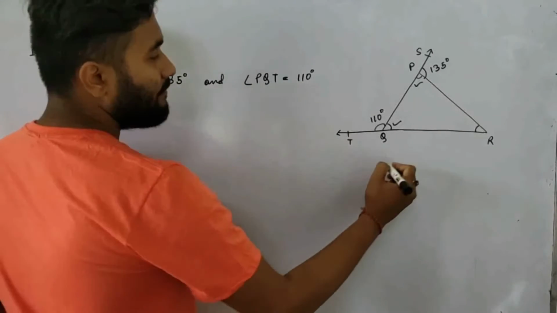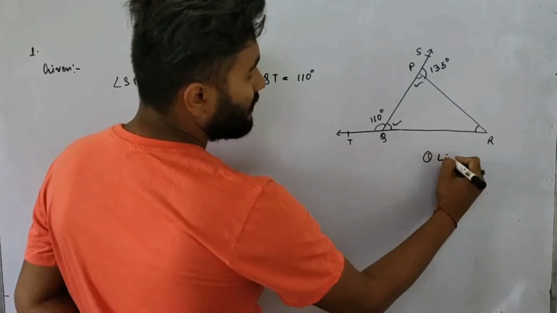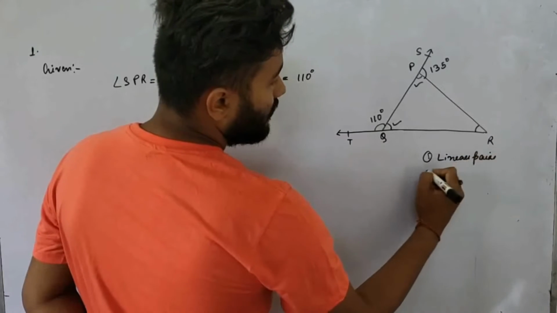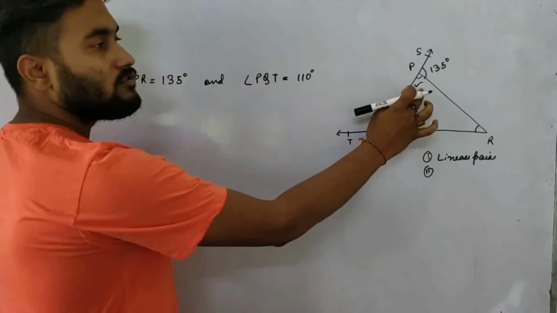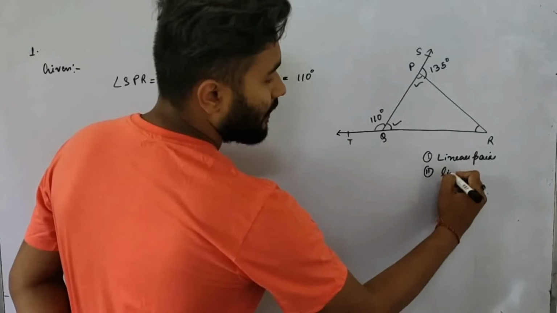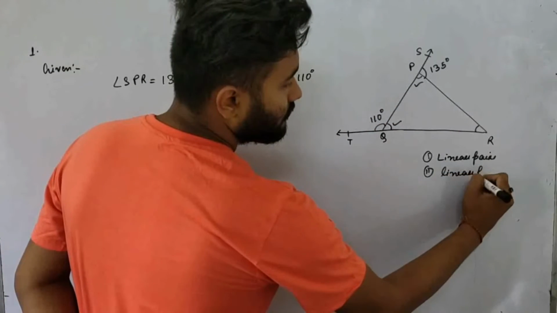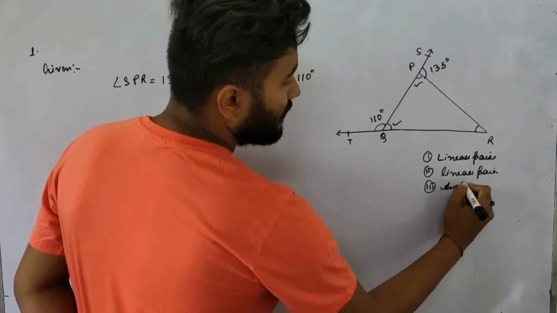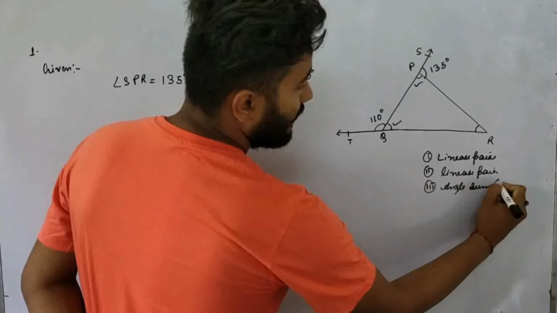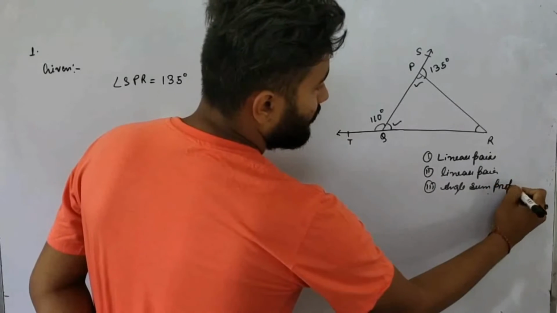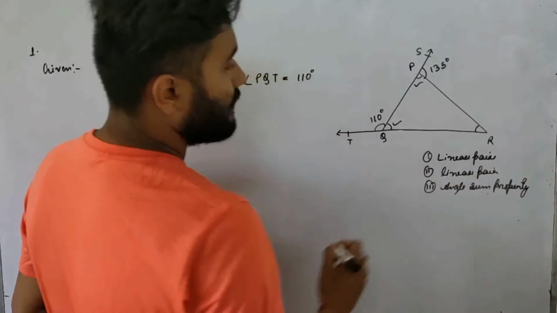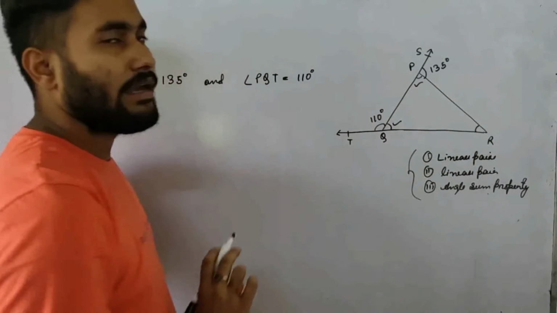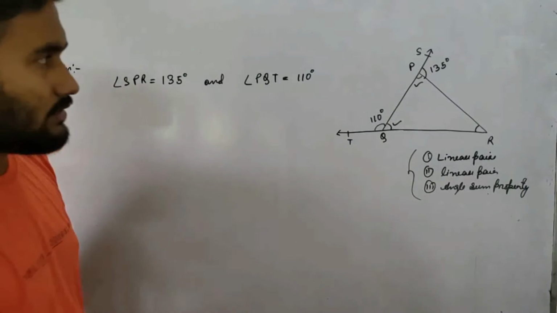So by this method, first we use linear pair, second another linear pair, and third the angle sum property. By using these three steps, we will get our required angle.